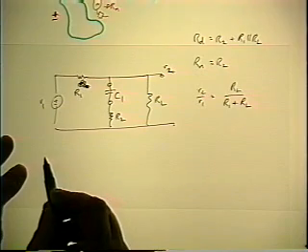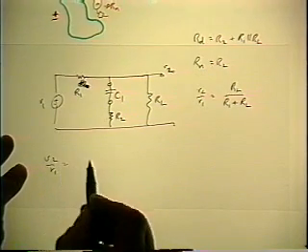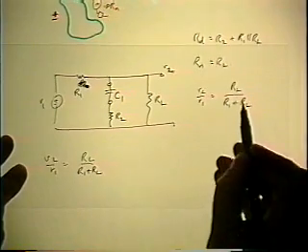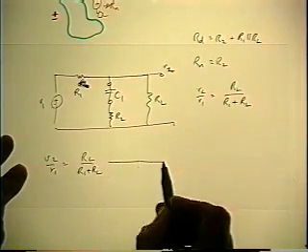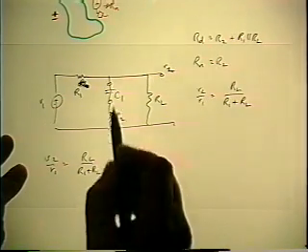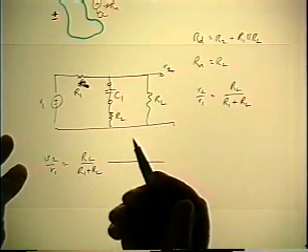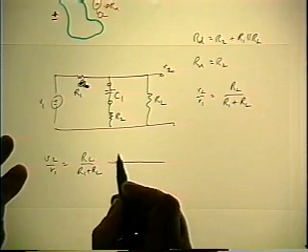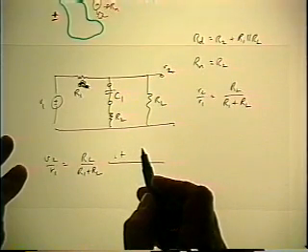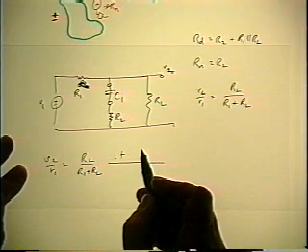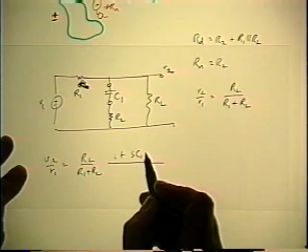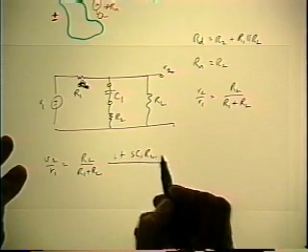So the theorem says V2 over V1 is the reference gain, RL over R1 plus RL, multiplied by the correction factor for a parallel element, parallel because the reference value was infinite. So it's 1 plus, in the numerator, Rn over Z. And Z is 1 over SC1, so it's SC1 Rn, which is R2.